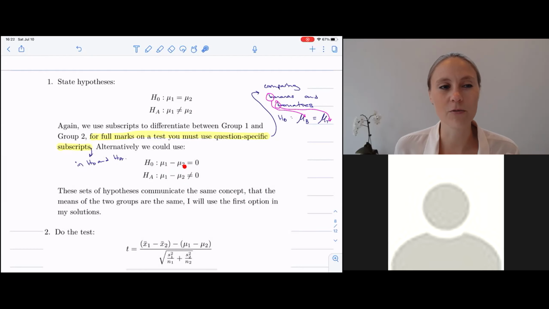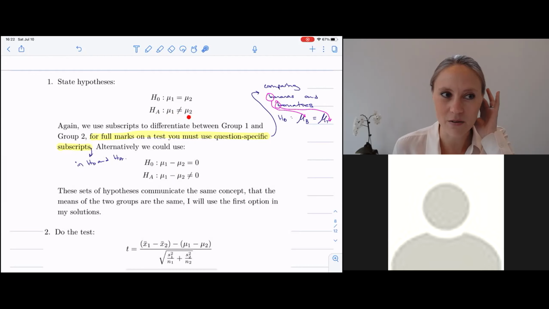So here it's nice because it links back to the difference in the means. But for me, I just find this more compact. It's easier to figure out the sign, right? Here, if you're using the actual differences, you'd have to figure out if it's less than 0 or greater than 0. Whereas here, you're just comparing the two groups.